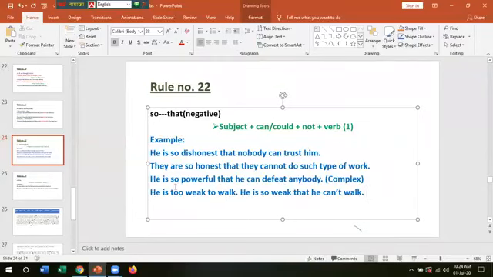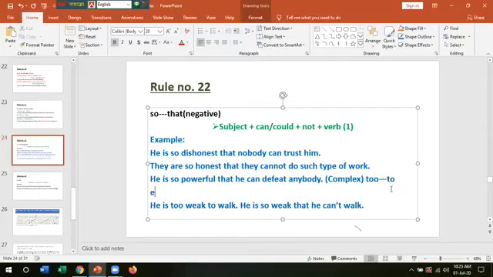So if you write he is too powerful to defeat anybody, then it becomes he is so powerful that he cannot defeat anybody. Actually, in too ... to, this type of sentence, if it means affirmative, then enough has to be used.